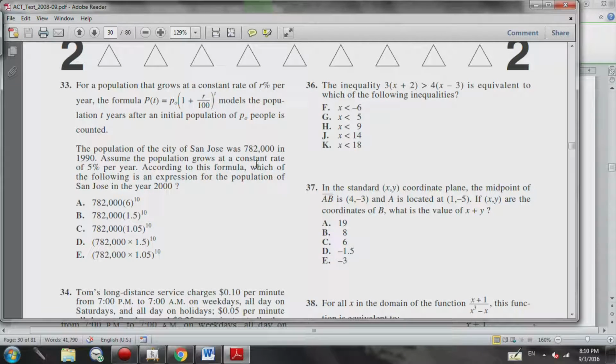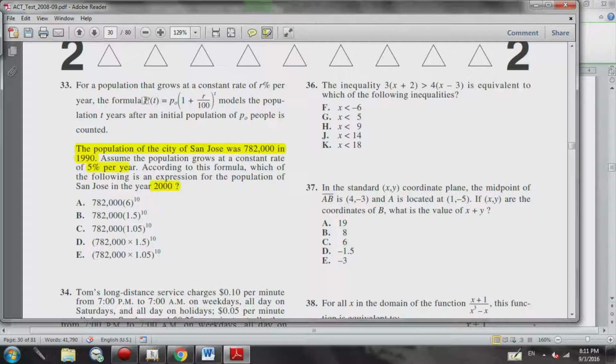According to the formula, that's the growth, and that's the initial population. According to the formula, which of the following is an expression of the population in the year 2000? Those are the key terms.